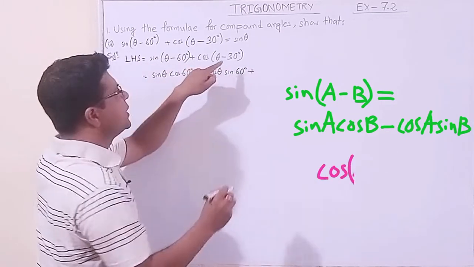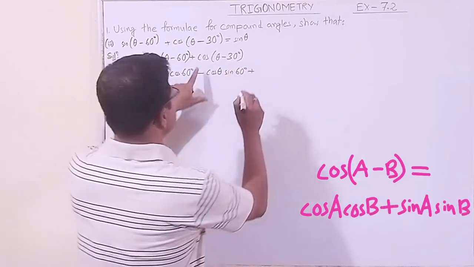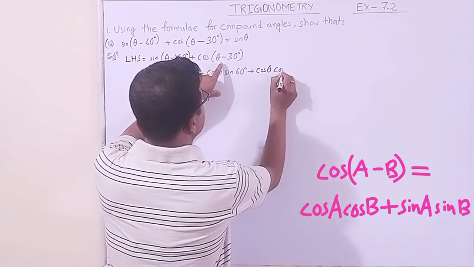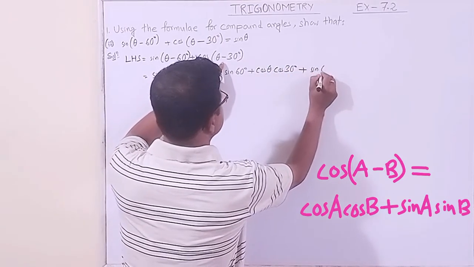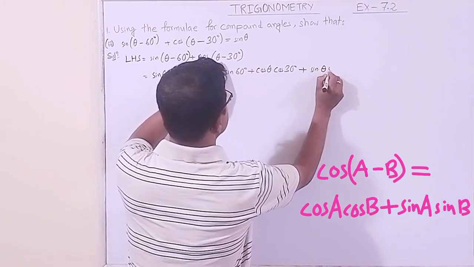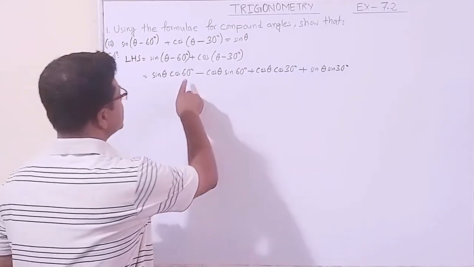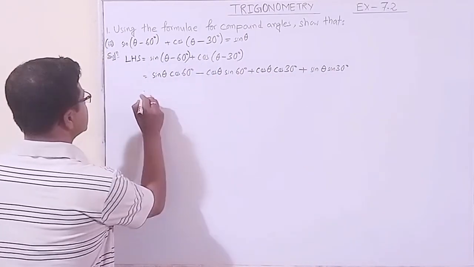plus cos a minus b is equal to cos a cos b plus sin a sin b. Now what we will do? We shall substitute the values of this: cos 60, sin 60, cos 30, sin 30. Let us see.